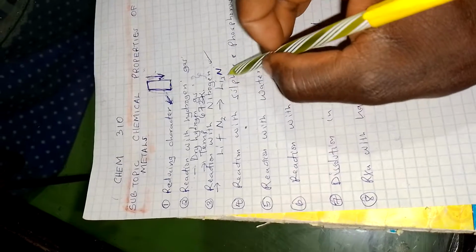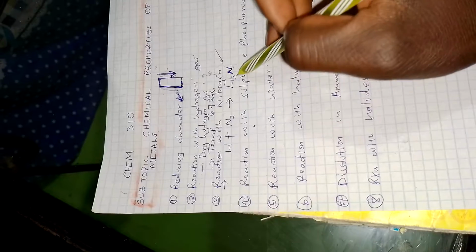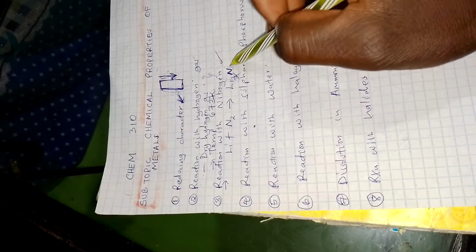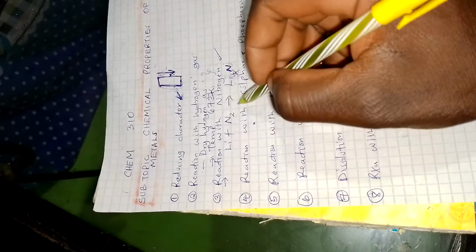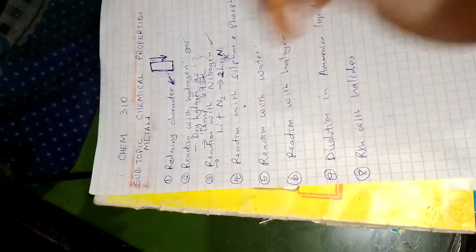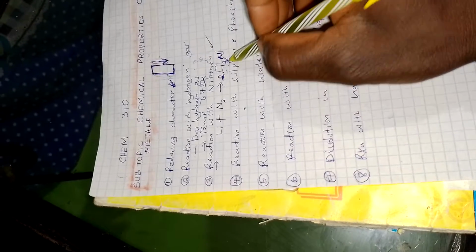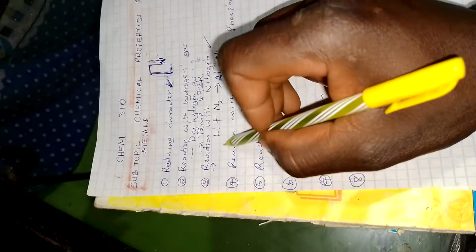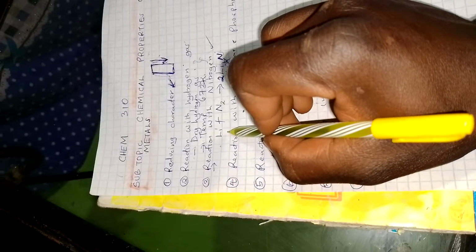Nitrogen has valency 3 and lithium has valency 1, so there will be an exchange of the valencies. When you balance the equation, we put 2 here so that we have 2 nitrogen atoms on both sides. On the product side we have 6 lithium, and on the reactant side we had 1 lithium, so we put 6 here.